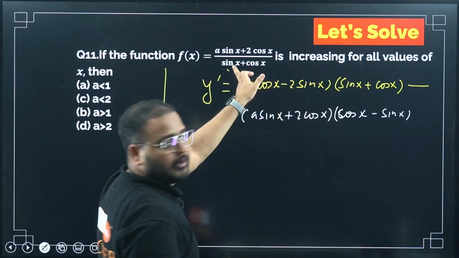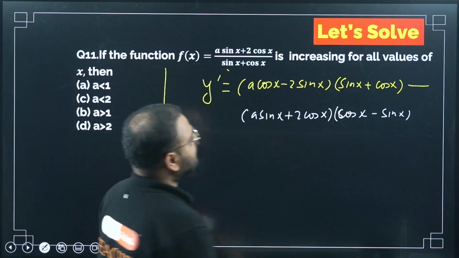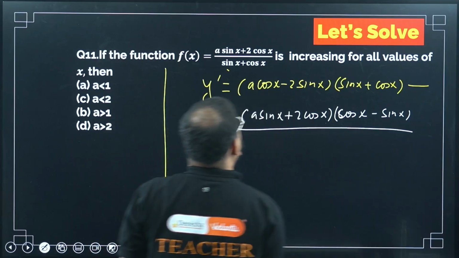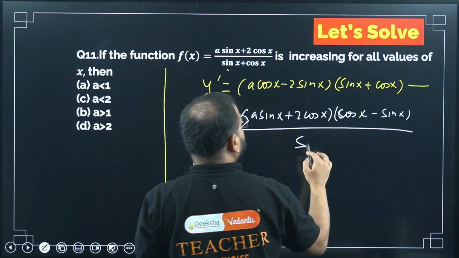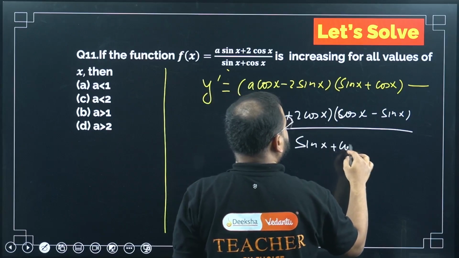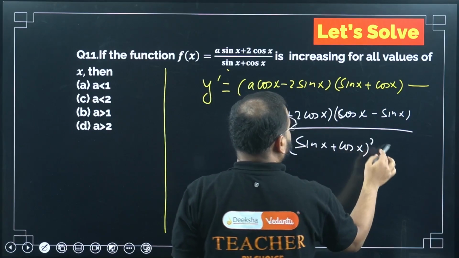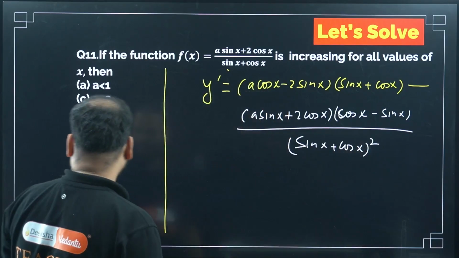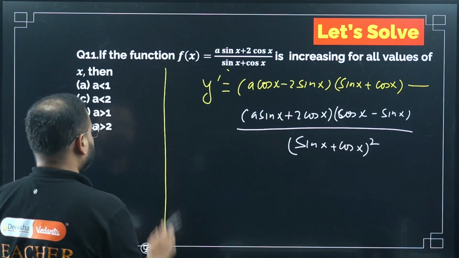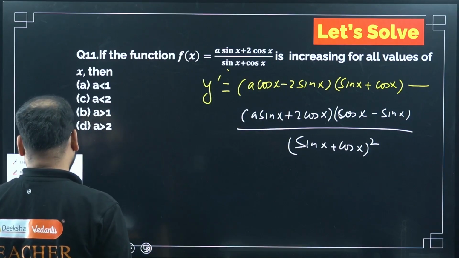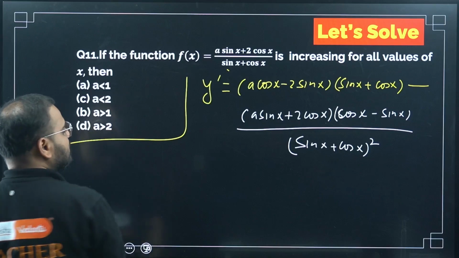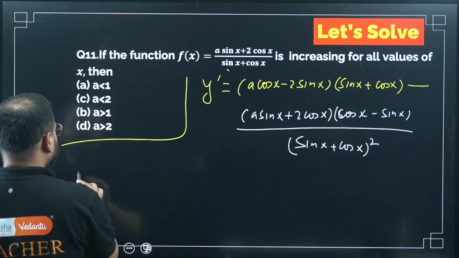So I've differentiated the denominator part and kept the numerator as it is. And the whole thing is divided by sin x plus cos x, the whole square. Simple enough? Very simple. Now see this, I'll do the expansion now. If I do the expansion, my y dash will look like this. Please check.